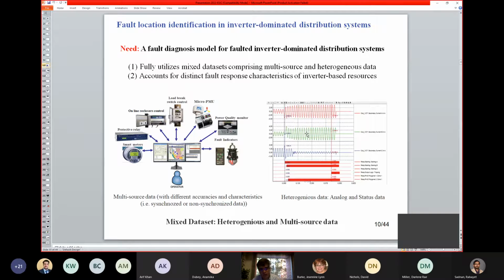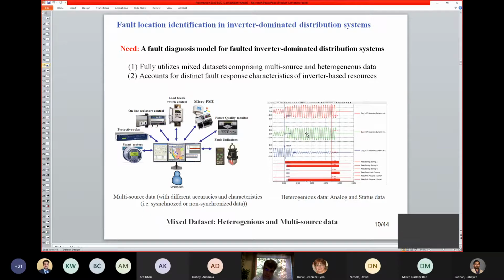The main concern here is that in distribution systems, which is very common, we have a more limited number of measurements installed along the feeder. So the question is how can we use this data, especially if we have multi-source and heterogeneous data.